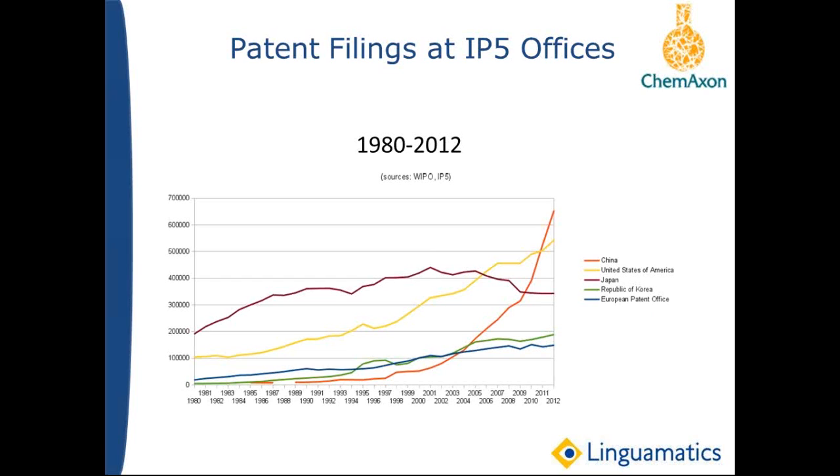And then last year, China has surpassed US and become the #1 filer in the world. Now Japan is #3.